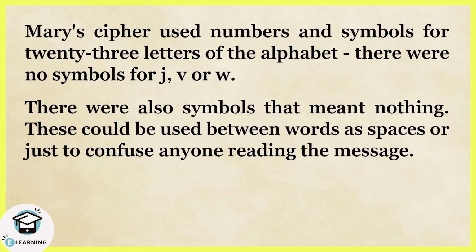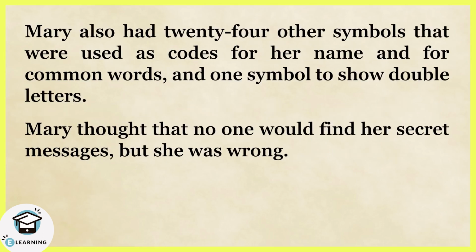These could be used between words as spaces, or just to confuse anyone reading the message. Mary also had 24 other symbols that were used as codes for her name and for common words, and one symbol to show double letters.